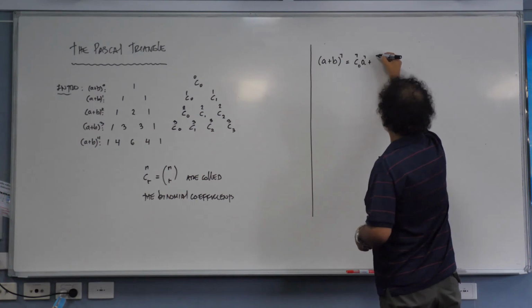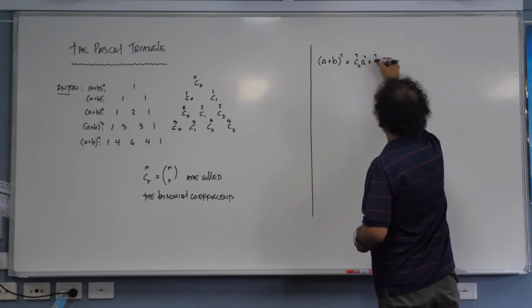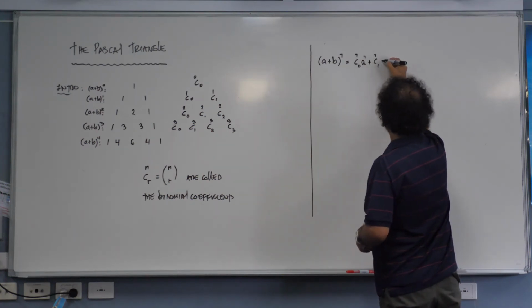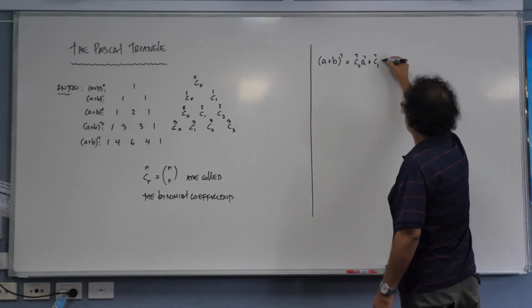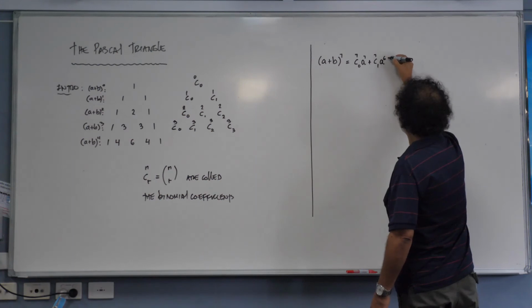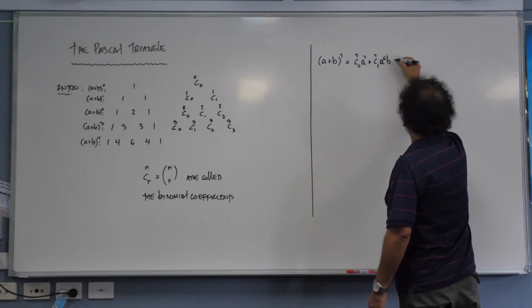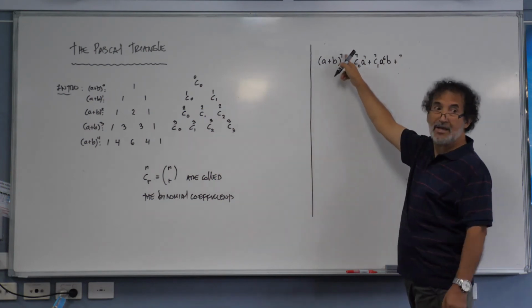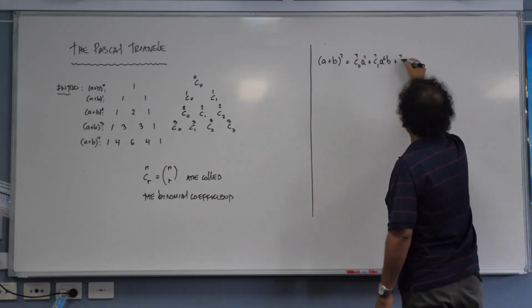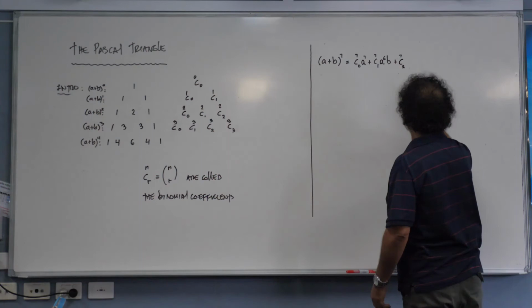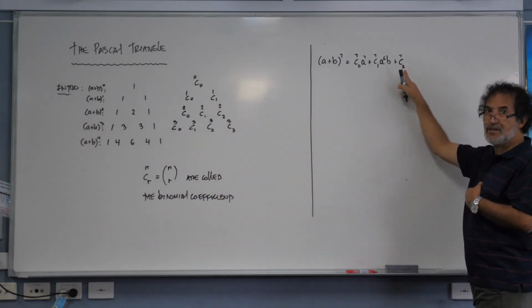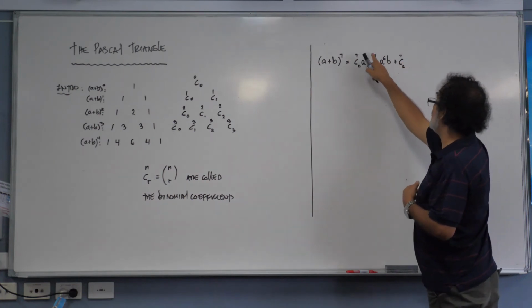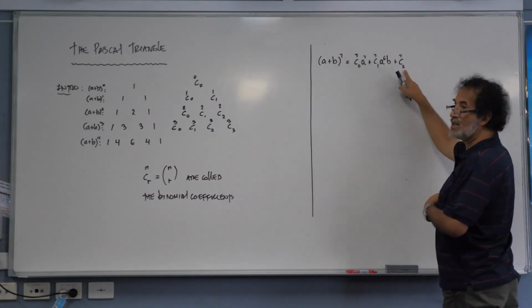And then the next one is going to be 7C1, and what is going to be the parameter? A^6 b. And then the next one is 7C2, still 7 because that is the binomial. You can see that the top one is constant, but the bottom one is increasing.